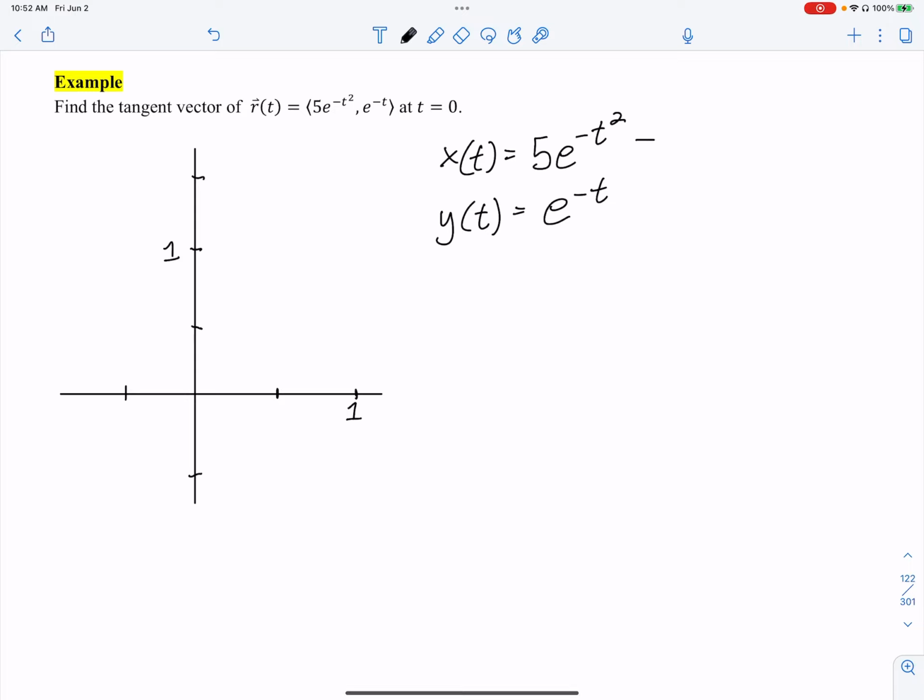So this is equal to 5 e to the negative t, and then this is raised to the t power. Remember, when I have a power raised to a power, I multiply. So x equals 5 times e to the negative t to the t, and I can replace that now: x equals 5 y to the t.